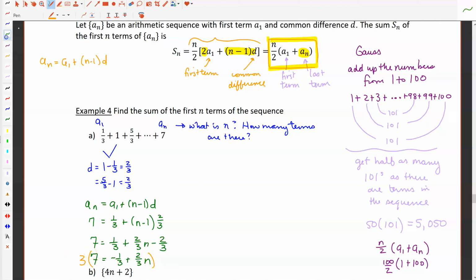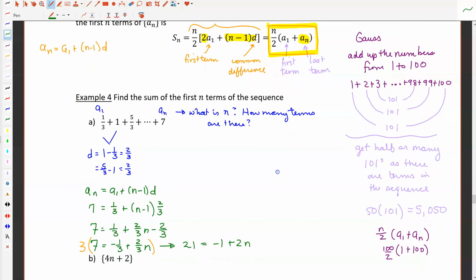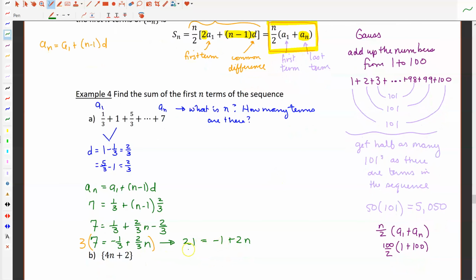So I'm going to multiply everybody by 3 to clear those fractions. So I'll get 21 is equal to negative 1 plus 2n. All right, that looks so much better to work with. Adding 1 to both sides, we get 22 is equal to 2n, or n is equal to 11. All right, cool. That's going to help me. I now know that 7 is the 11th term in my sequence.